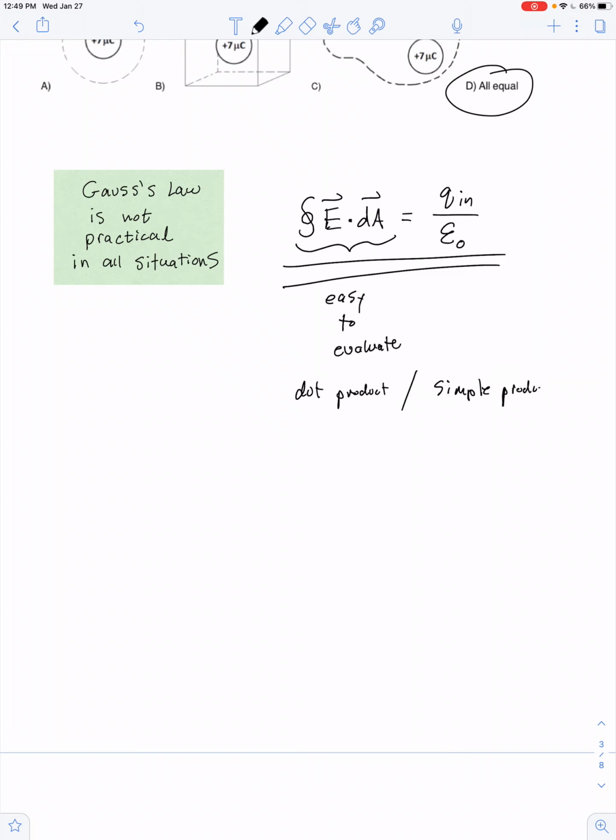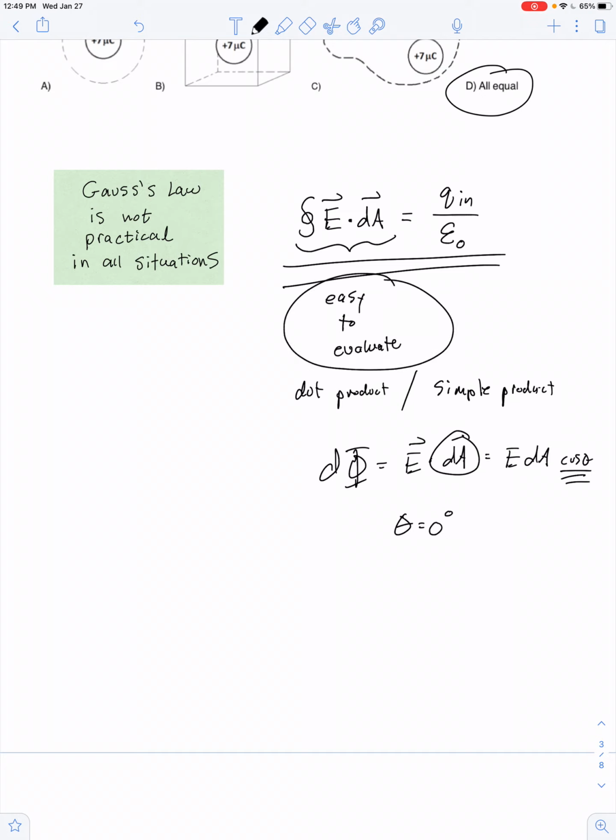In other words, if we don't have to account for this term, right? If we can make it that theta is equal to 0 for every element dA, it's just a lot easier to do scalar math than it is vector math. So that's one way to make the left side of the equation that represents Gauss's law easy to evaluate. If we can choose a Gaussian surface so that our angle will always be 0 degrees.